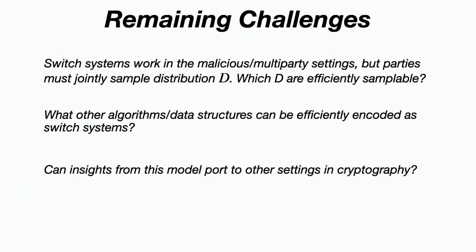So, some remaining challenges I'd like to point out. Today I talked about the two-party setting. Very naturally, the techniques that I described, the garbling of these gates, extend to the malicious and multi-party setting. That's not very hard.